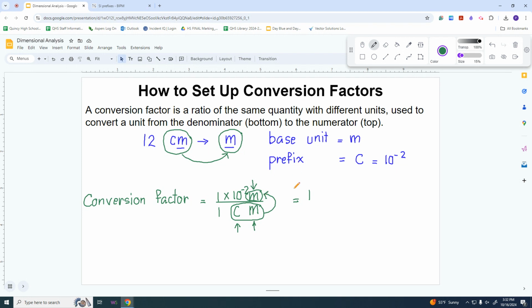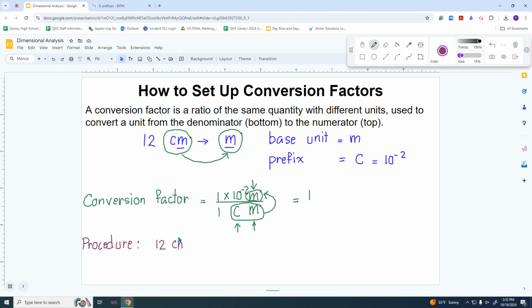So how are you going to do it? Procedure. So procedure, make it pink, okay? You are going to write down the given quantity, the quantity you want to convert, 12 cm, okay?